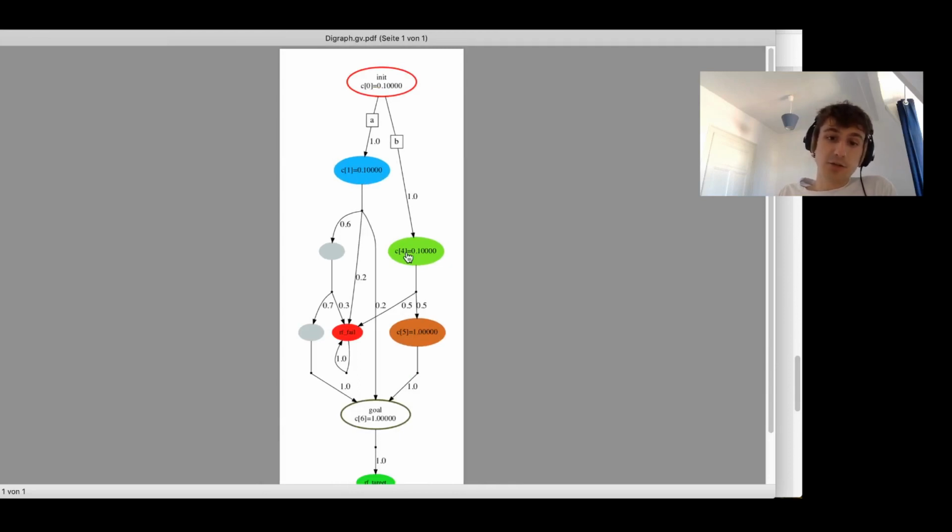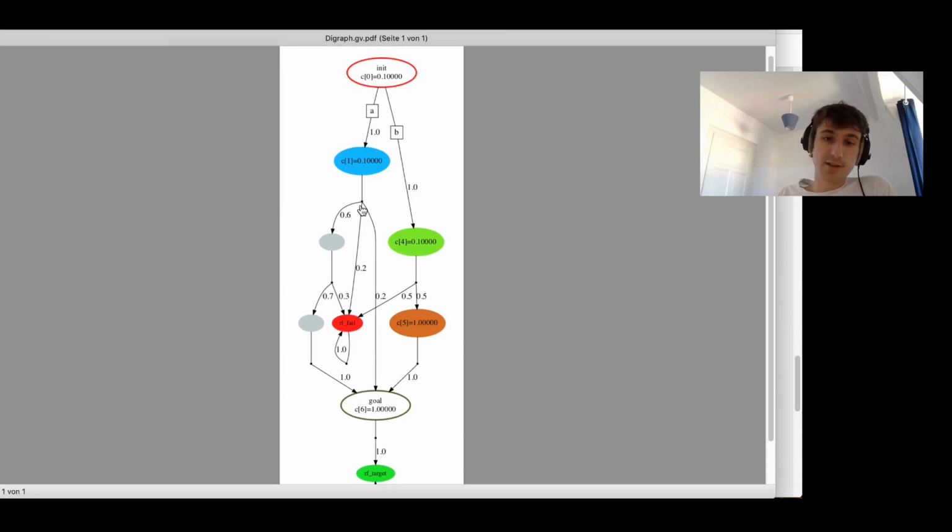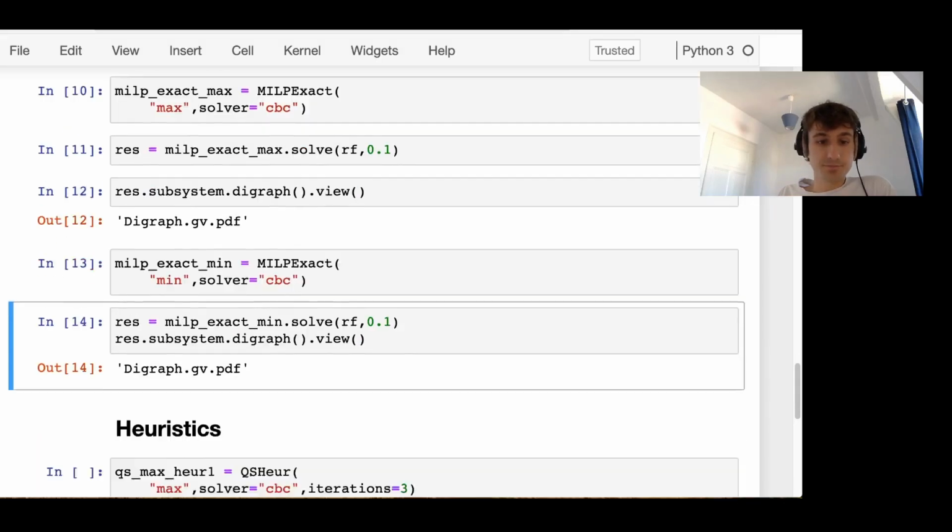And now also we have to include these two states, because for minimum reachability probabilities, we need to guarantee that the threshold is met for all actions. So for A and for B, we need to have 0.1 reachability probability. And this is ensured by this subsystem.